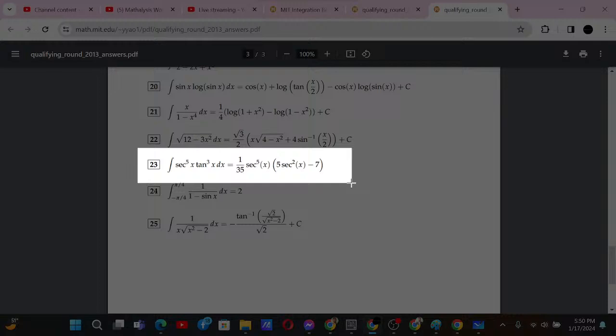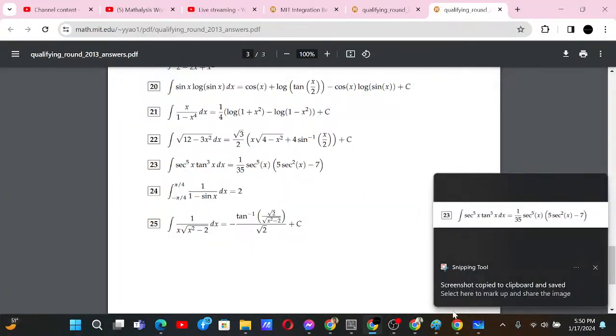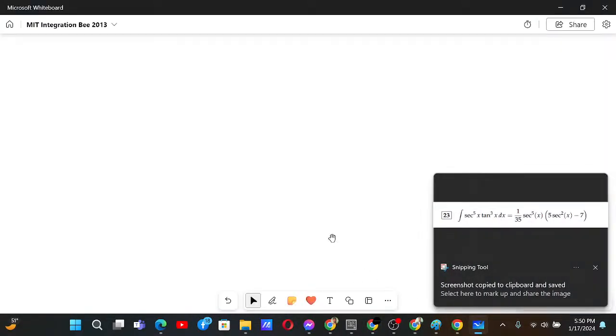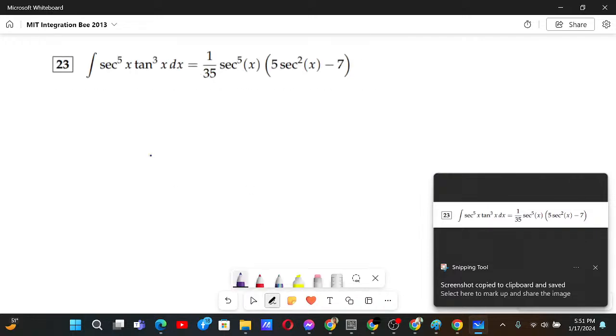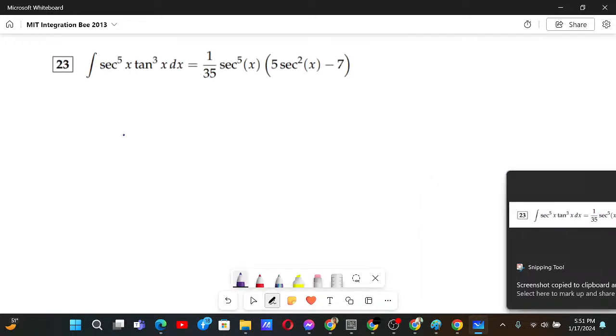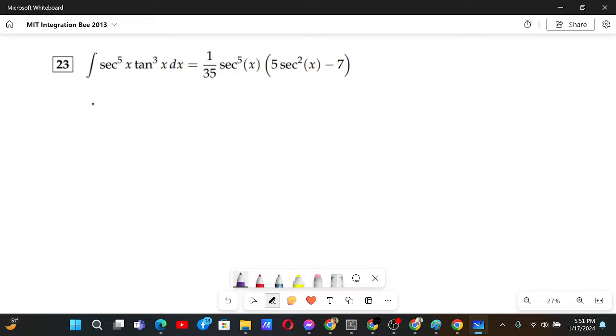This one. Okay. For this problem, we can first group these things like this, like tan x sec x, dx.